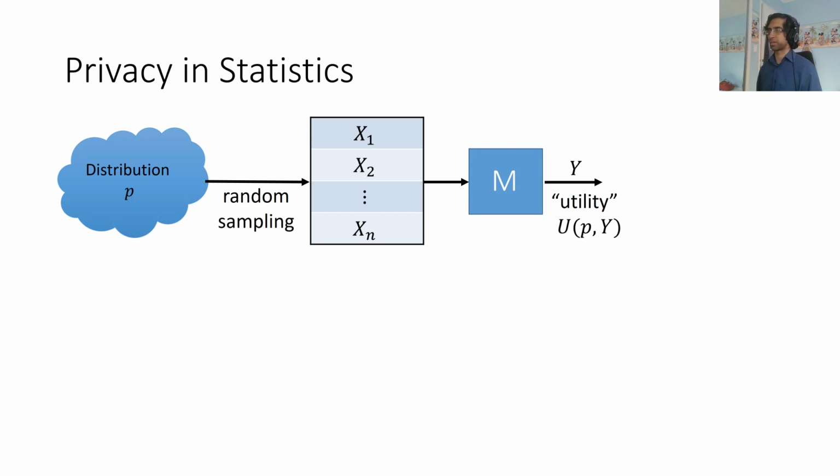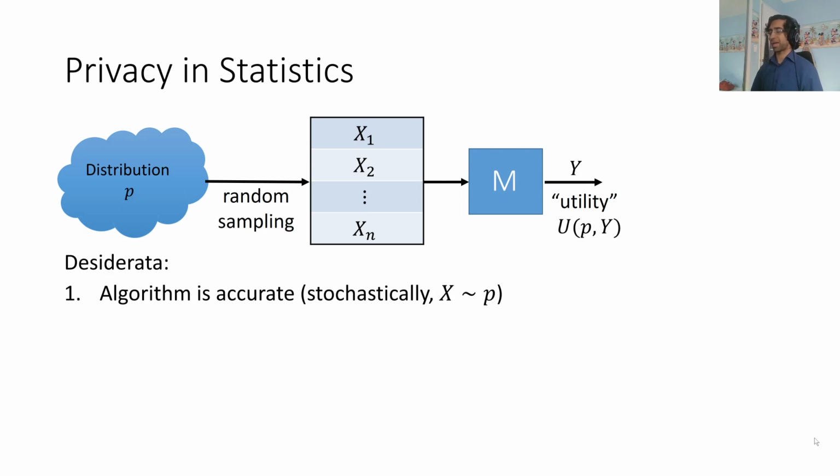So we want to infer something about the distribution, not the dataset, though these sometimes might be in line with each other. And so there are two desiderata. The first one is the classic one: we want the algorithm to be accurate. This is a stochastic guarantee, in expectation or with high probability. This may require assumptions about P to hold.